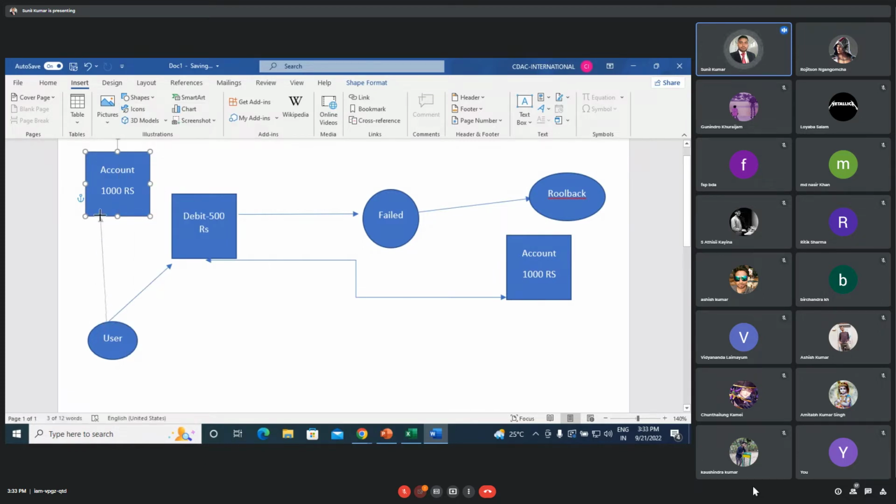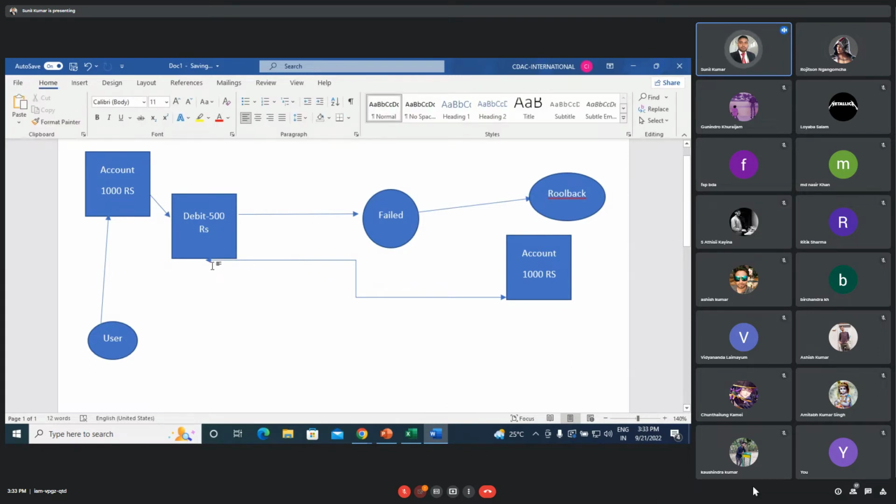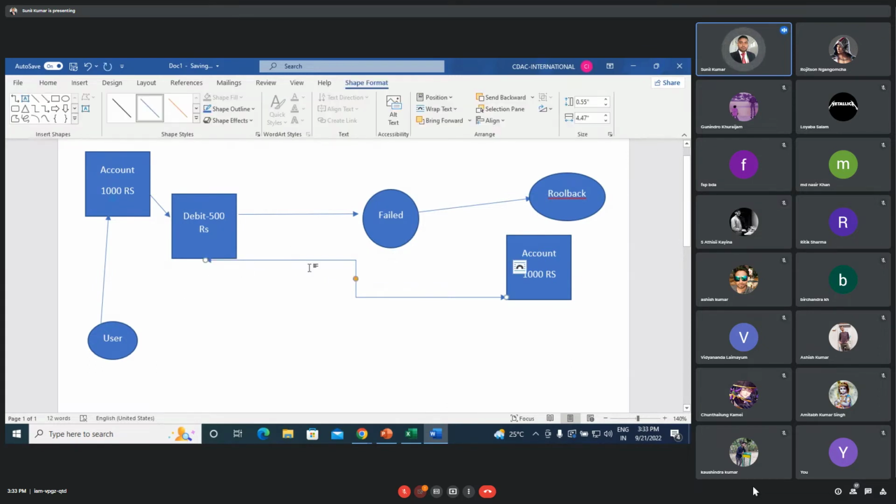Like that, you can see that is your account. From your account, you request a debit of 500 rupees, right? A 500 rupees debit request arises to your account. But if the transaction fails, the operation fails, then what does it reflect?